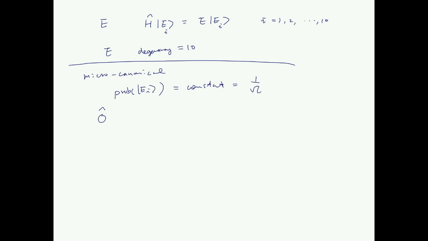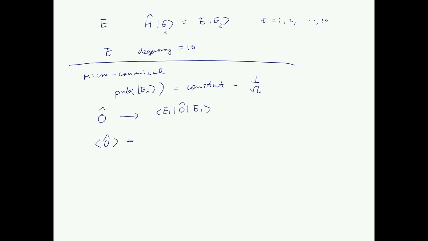Then I have two labels. If I have a certain eigenstate E1, I can calculate the expectation value if my system is in E1. But now I have 10 states with a degeneracy of 10, so I'm not always in state E1. I have a probability 1 over omega of being in E1. So basically I should have two steps.